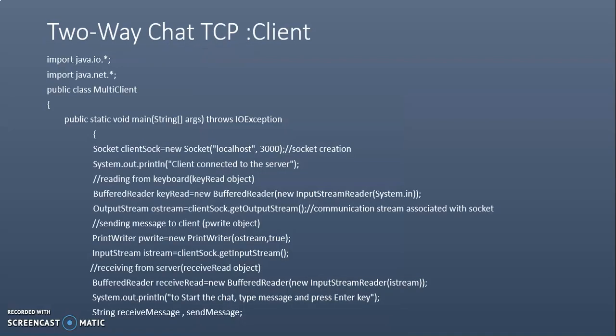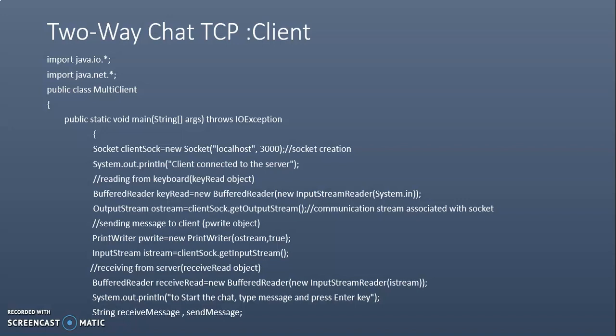So let us look at the program. Here we have two programs, the client program as well as the server program. In the client program, we have to import the IO package. In that IO package we have some classes and interfaces, and at the same time in the net package also we have classes.